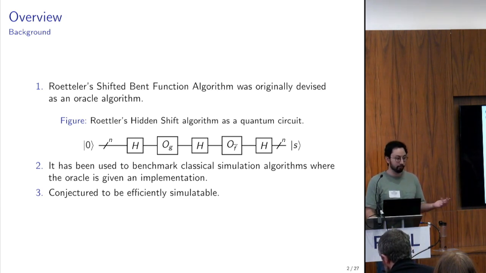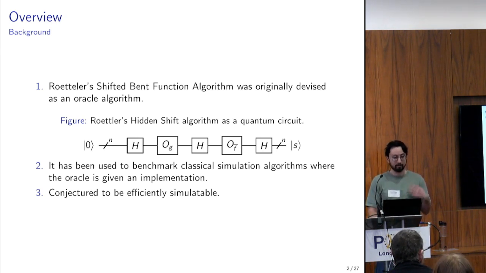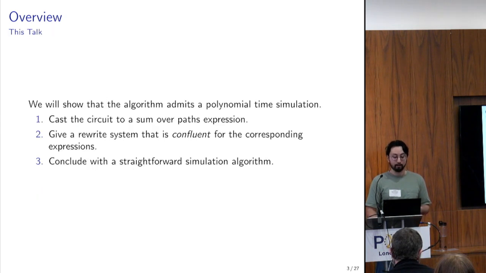Classical simulation is just quantum circuits and simulating them classically. Since then, due to some empirical evidence, it's been conjectured to be classically efficiently simulable. And in this talk, we'll show that this conjecture is actually true by giving a polynomial time simulation.